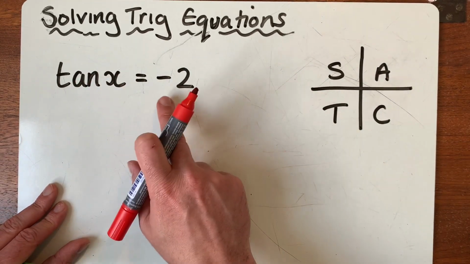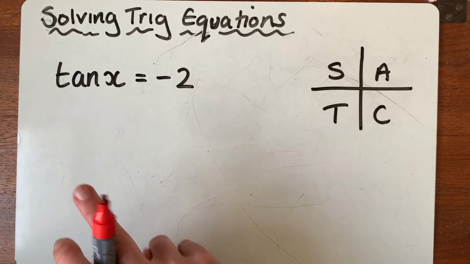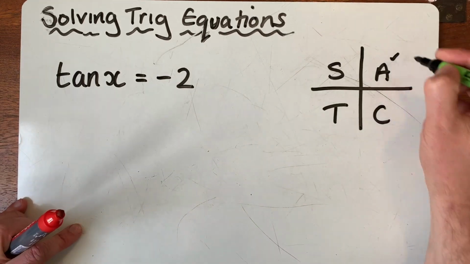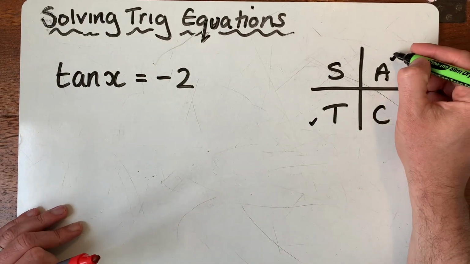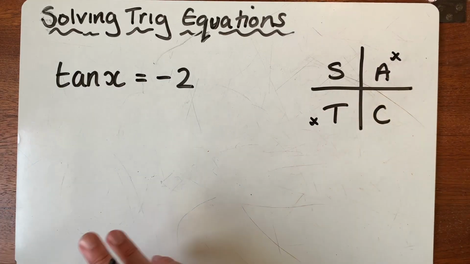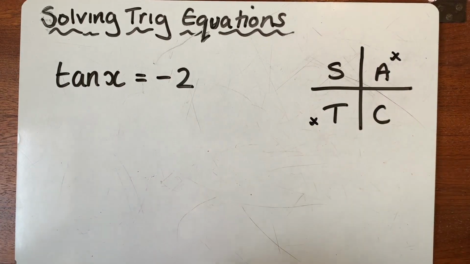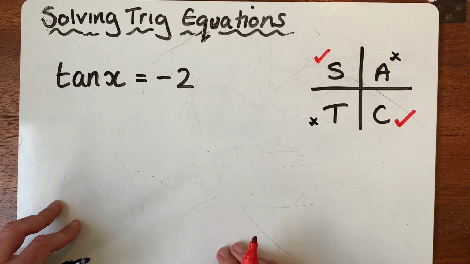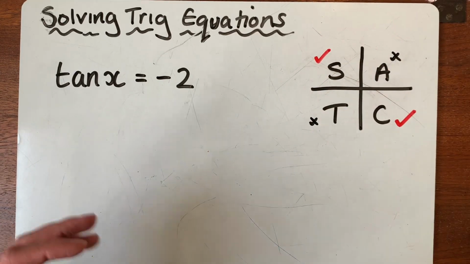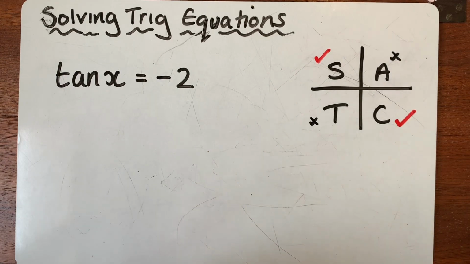So in this case, if this was a positive value, I would tick A and T. Those are the ones I would pick if this value was positive. But it's not positive, so I'm not going to pick those two at all. And instead, I'm going to pick the other two quadrants. I'm going to pick S and I'm going to pick C. You don't need to put the crosses on the diagram, but that's just the thinking that I go through when I'm trying to work out what quadrants to tick.